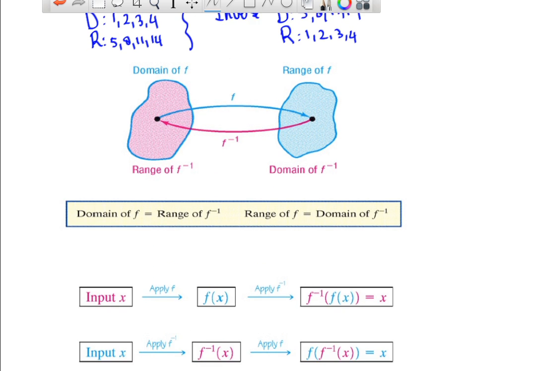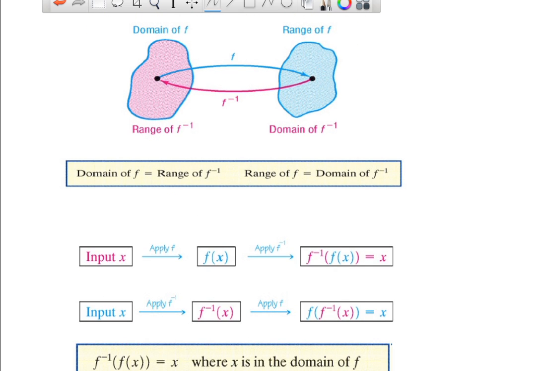Okay. So what I just tried to show you is being presented here in terms of pictures. The domain of f gives you a range of f. That range becomes the domain of the inverse, and the domain of the inverse delivers you back into the range of the inverse, which is also the domain of f. So you do something to the function, and then the inverse undoes that, and you're back at square one.